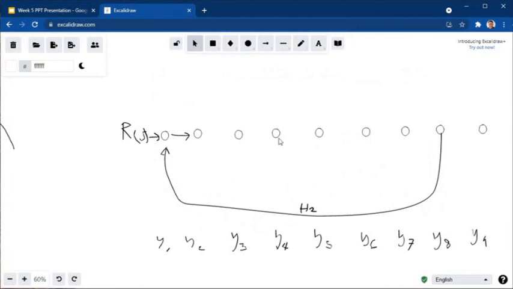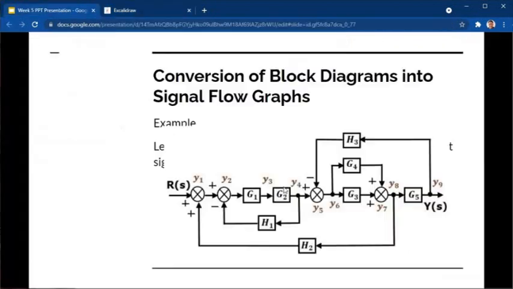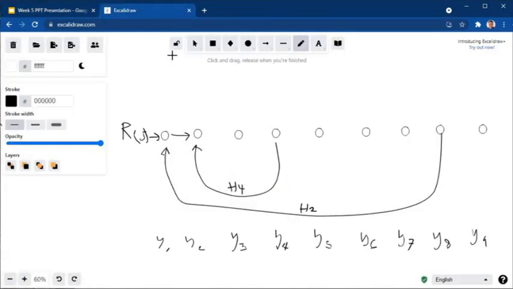I wrote h sub 4 here. Where did I get h sub 4? Anyway, this is h sub 1 supposedly.